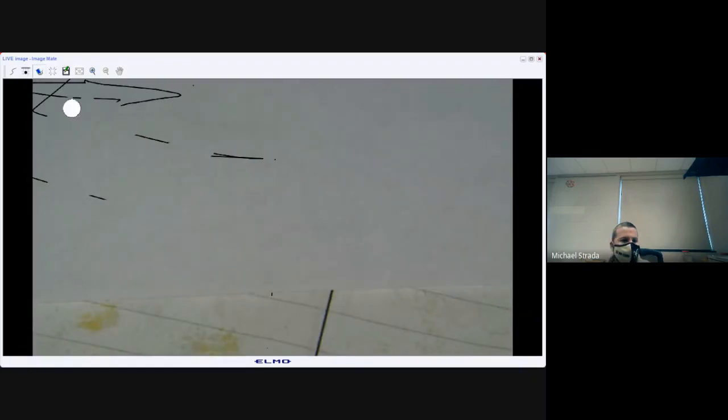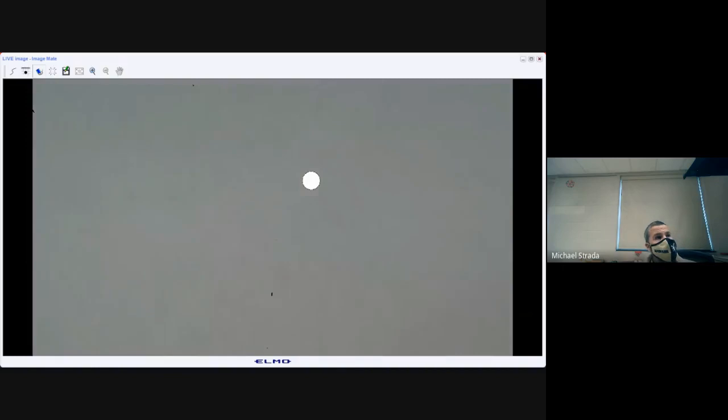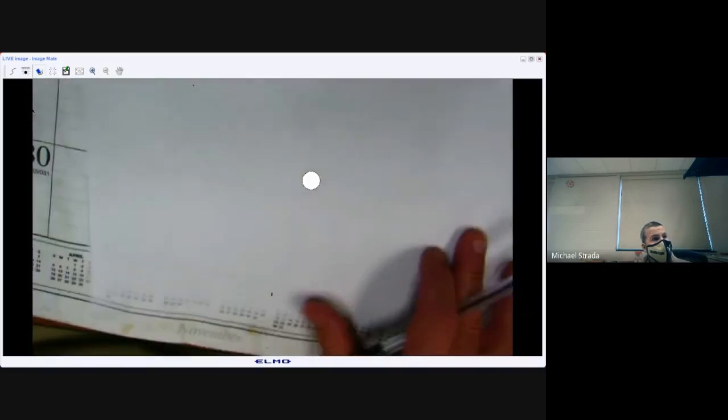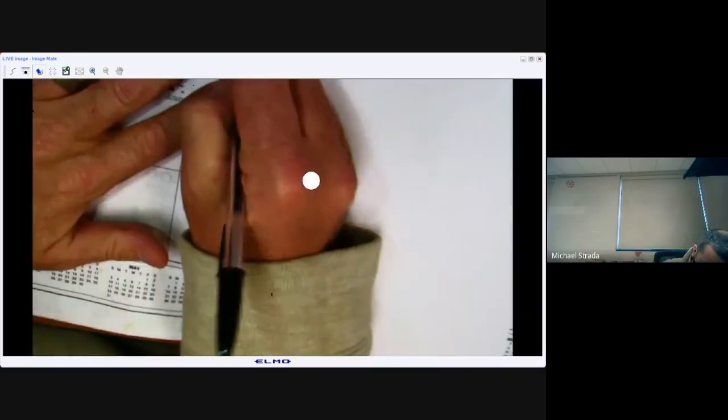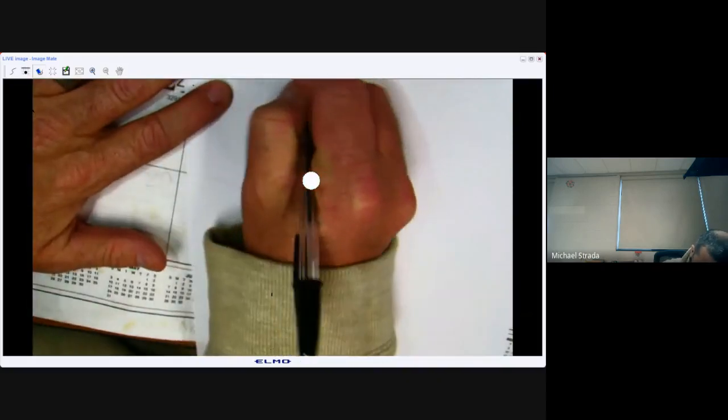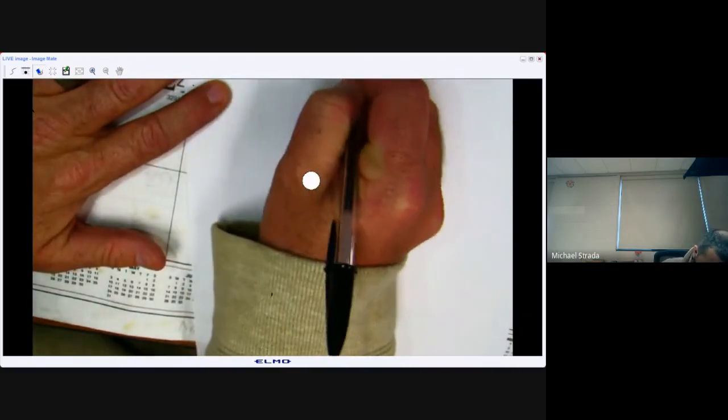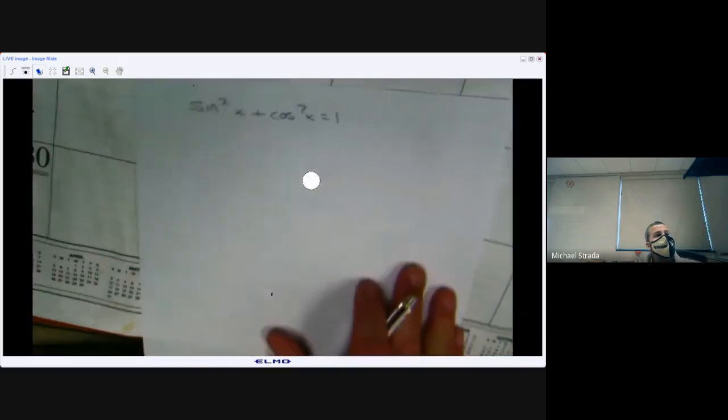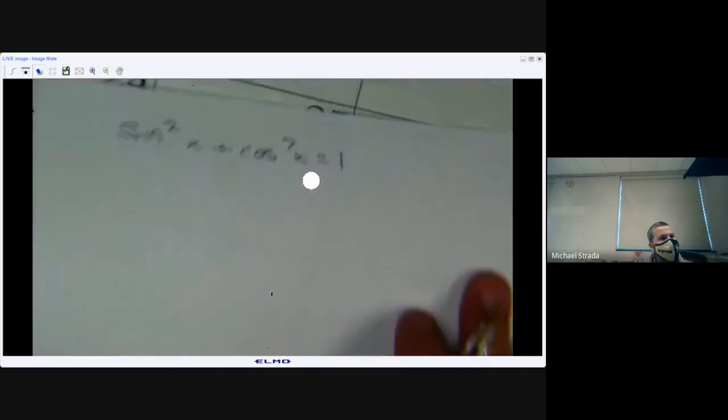So here's the idea. This is the identity you wrote down the other day: sine squared x plus cosine squared x equals 1. Well, that's going to appear in many different ways.